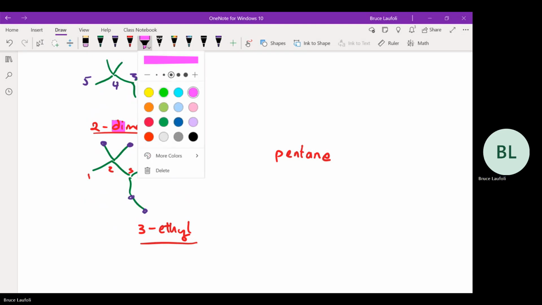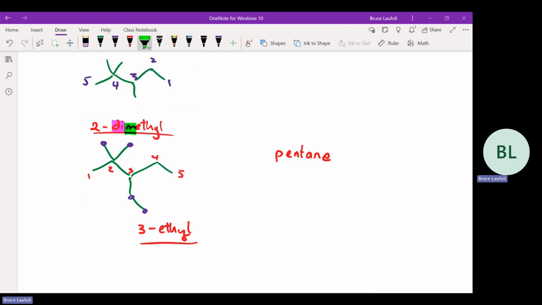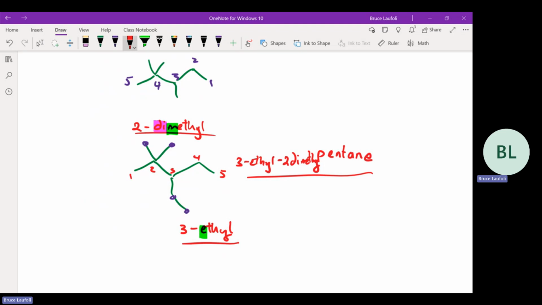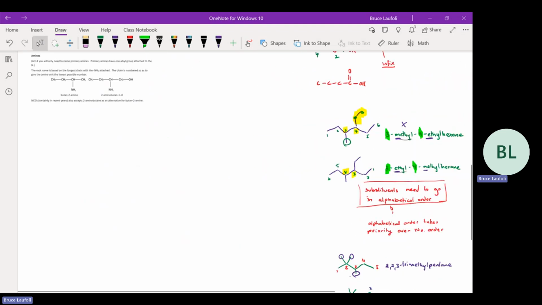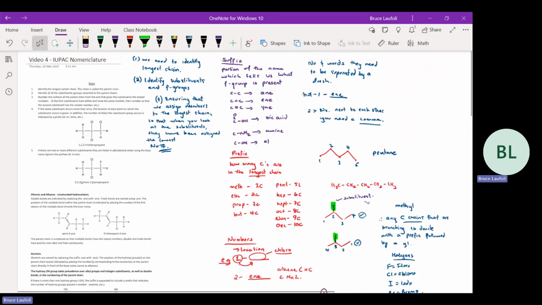We only look at the M and the E. So it would be 3-ethyl 2-dimethyl pentane.